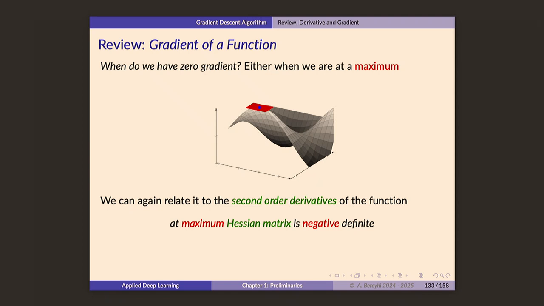And I'm not going to derive it as we did for the one-dimensional case. It's going to take a bit more derivations, and we don't really need it because here we don't use second-order algorithms. But it is good to know that if you compute the Hessian matrix, and do you know what is Hessian matrix? If you take the gradient, it's a vector of partial derivatives, right? So you have now n different derivatives, right?